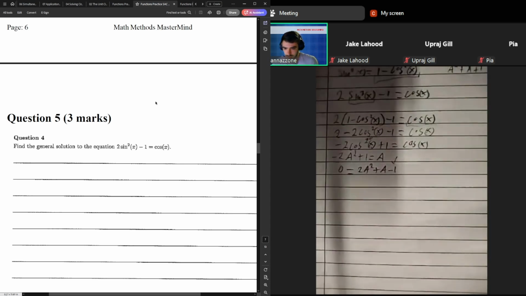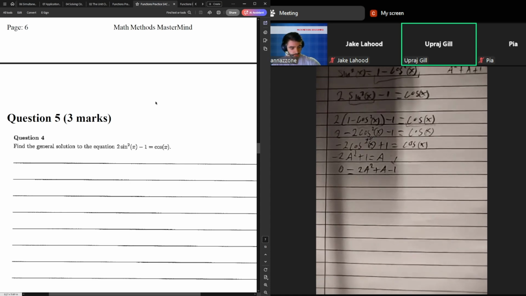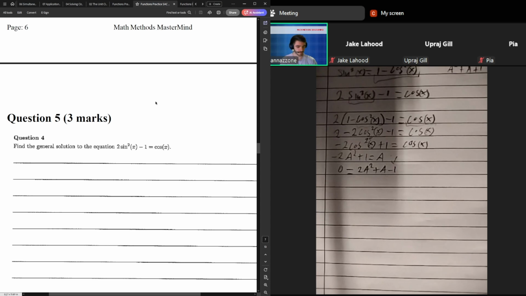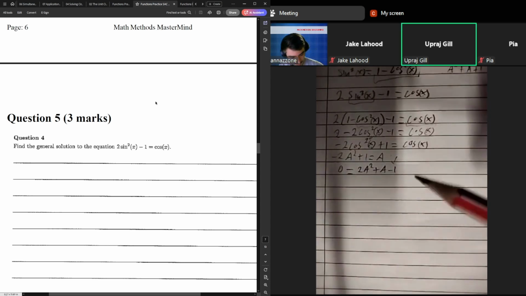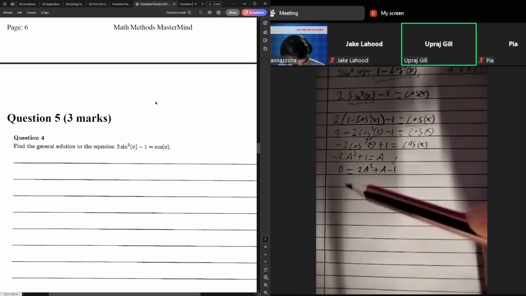Who knows how to factorize that or solve it in any other way? Could we multiply the A and the C term and then do grouping to factorize it? Sure. What would that look like? So you would want to see 2 times -1 is equal to -2. Yep.